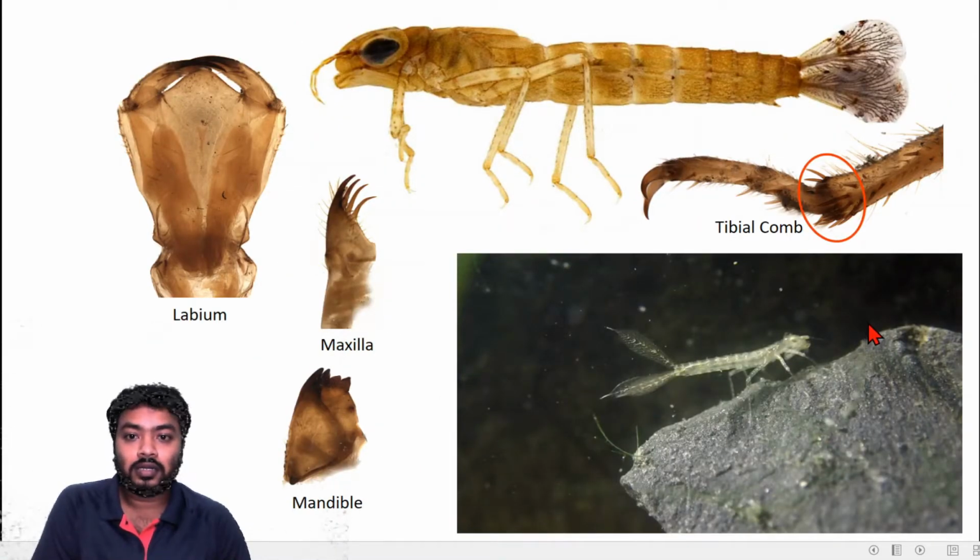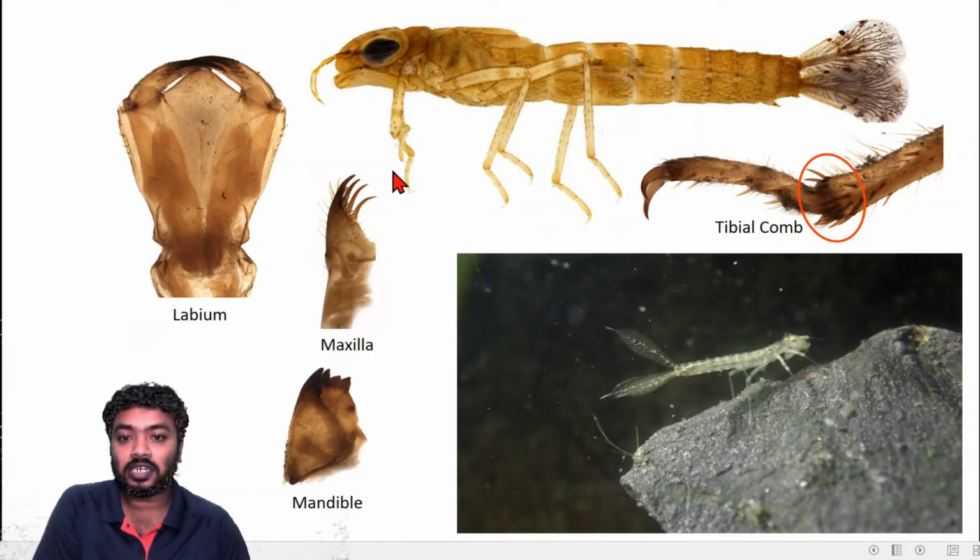There are some other characters that we can use for identification. This is the damselfly labium. This is also flat, with the same characters. This is the maxilla, which is one of the mouth parts.